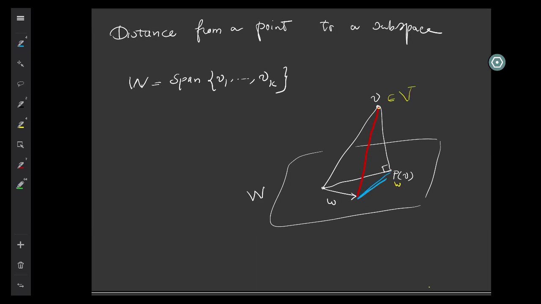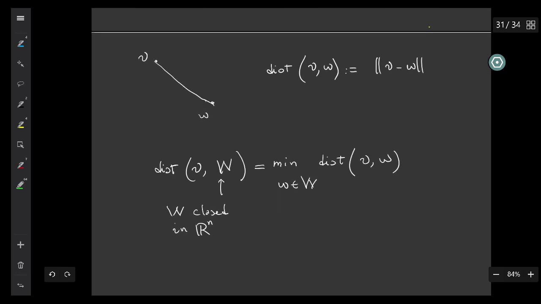In many applications, we need to find the distance of a point to a subspace. Means that, for example, if we are given 2 points in our space, V and W, of course, the distance is defined as the norm of the difference.